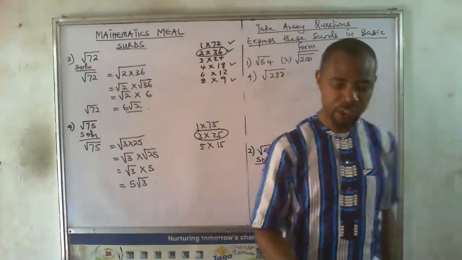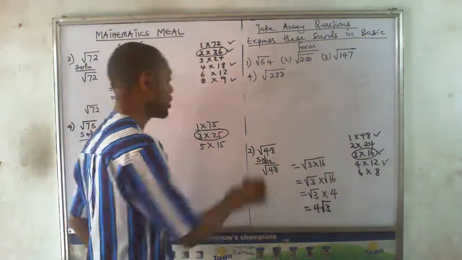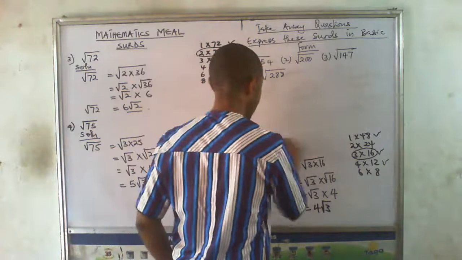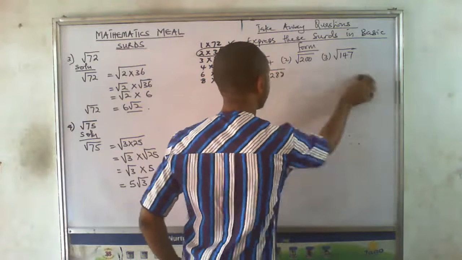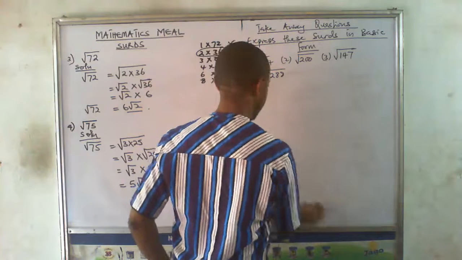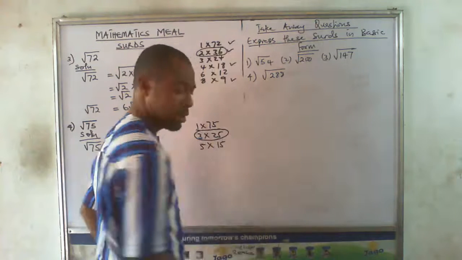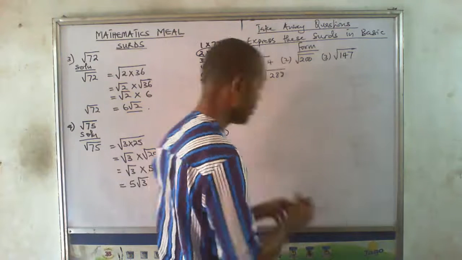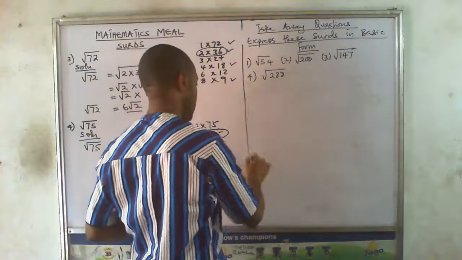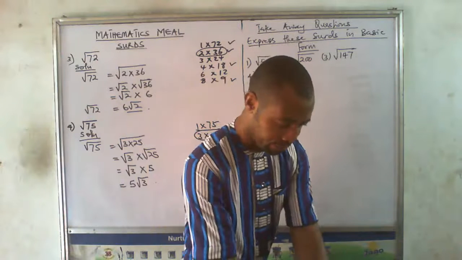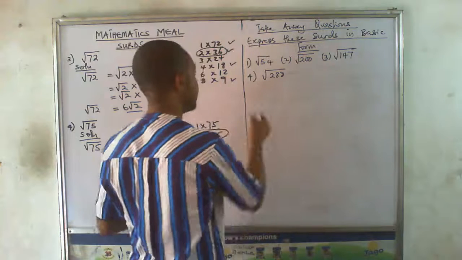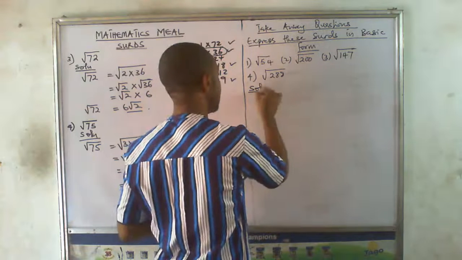All right, let's look at our takeaway questions and try as much as possible to solve them. We're asked to express these surds in basic form. So let's do that quickly. Okay, let's begin.